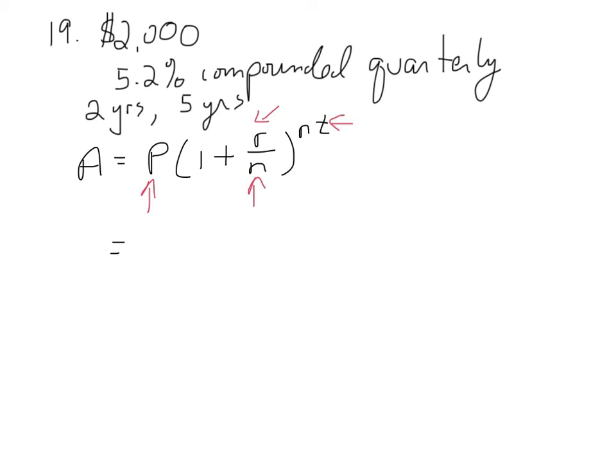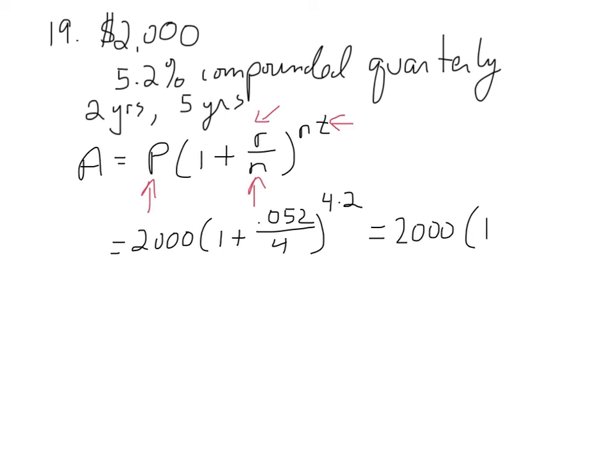So let's go ahead and plug in those values. So we have $2,000 times 1 plus the interest rate, 0.052, over 4 for quarterly, so 4 times a year, raised to the 4 times 2. And we end up with $2,000 times 1.013 raised to the 8th power.